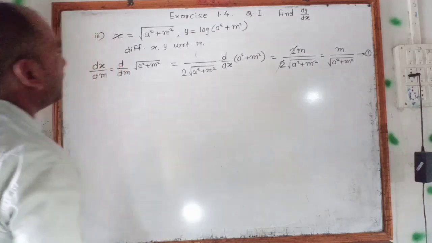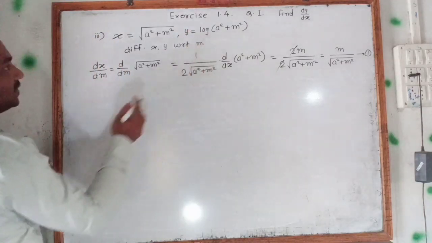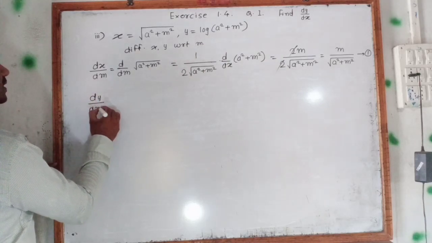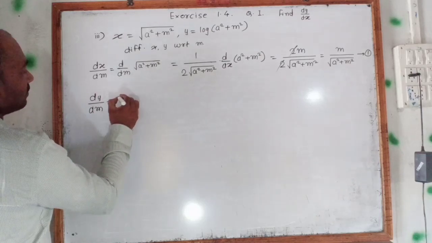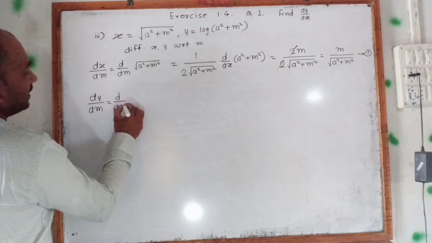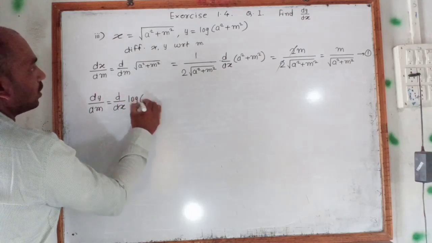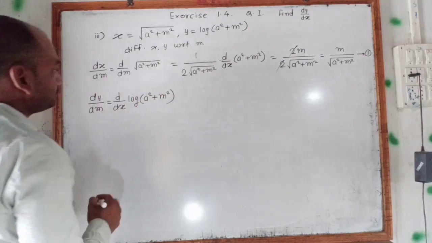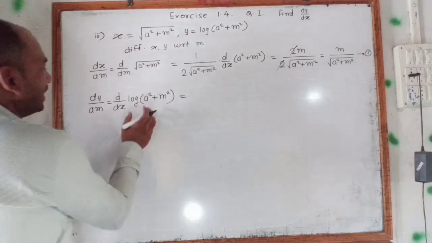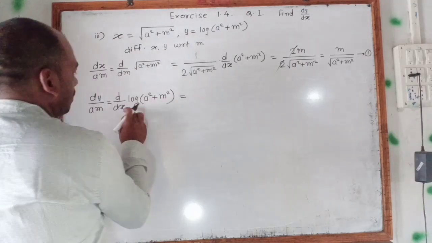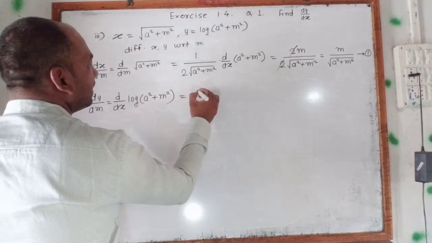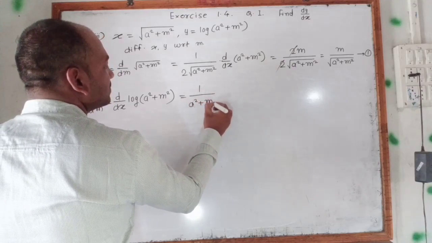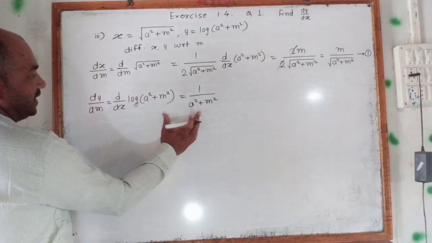Now similarly we have to differentiate y with respect to m. So we have dy upon dm is equal to d by dm of log of a square plus m square. Now you know the derivative of log x is 1 upon x. So similarly we have 1 upon a square plus m square. This is the derivative of log here.